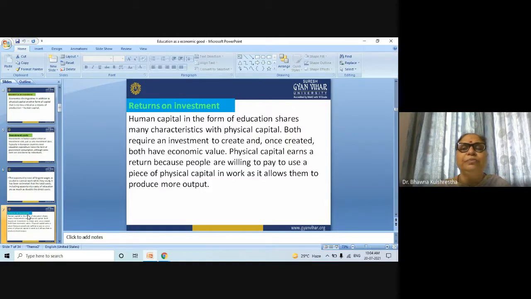To measure the productive value of physical capital, we can simply measure how much of a return it commands in the market. In the case of human capital, calculating returns is more complicated. After all, we cannot separate education from the person to see how much it rents for.